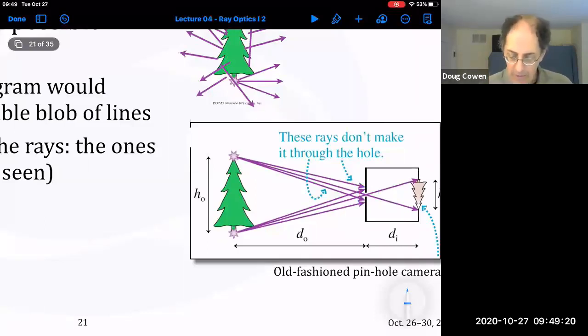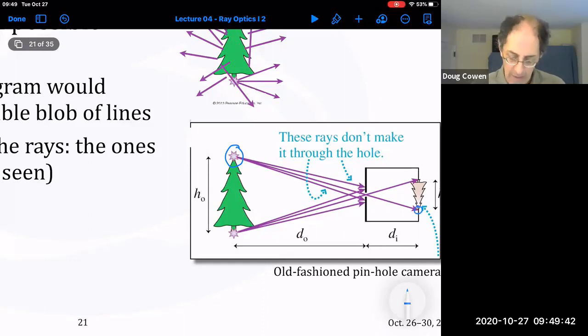So if you start out by looking at the rays that come from the top of the tree, you can see that this ray makes it through the pinhole, and then it ends up down there at the bottom, on the screen of the pinhole camera.